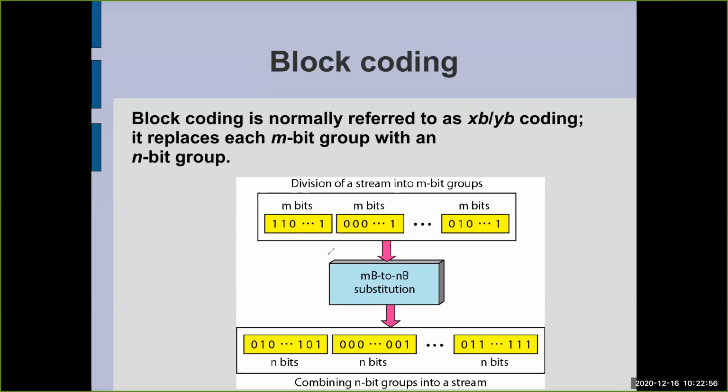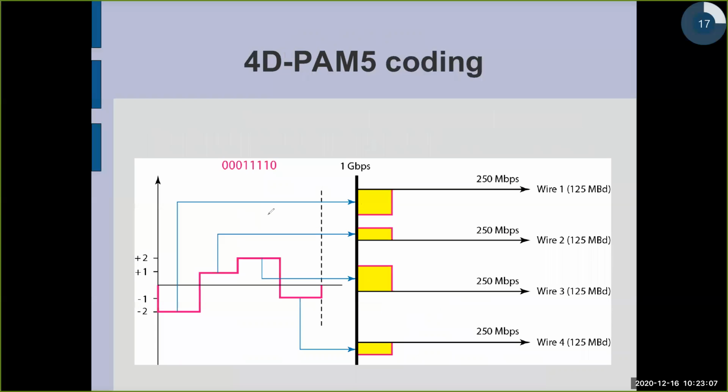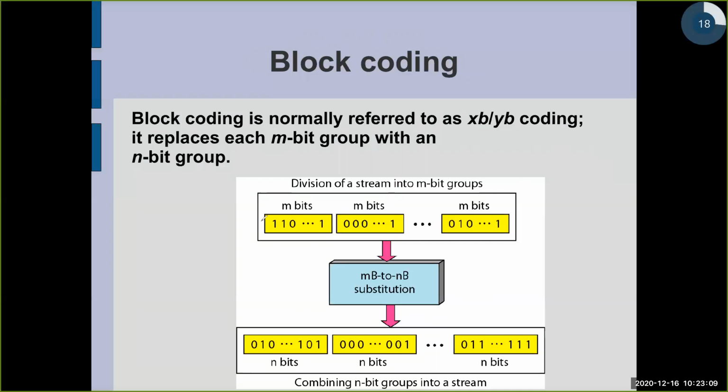And now I'd like to tell you something about this method. Again, similar to PAM coding, the stream of data is divided into groups. So we have a group of X data bits, and this group is substituted by Y channel bits.